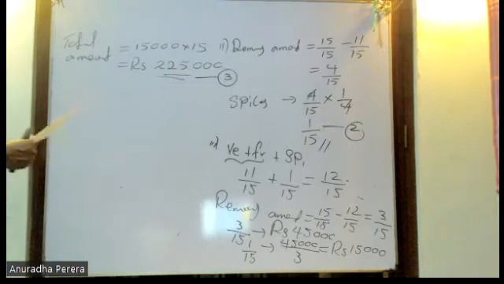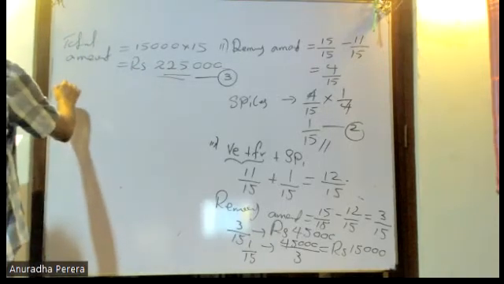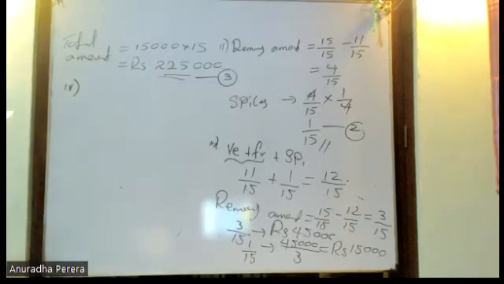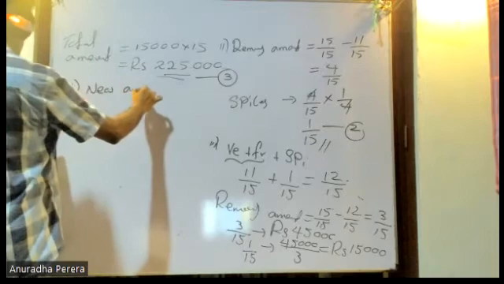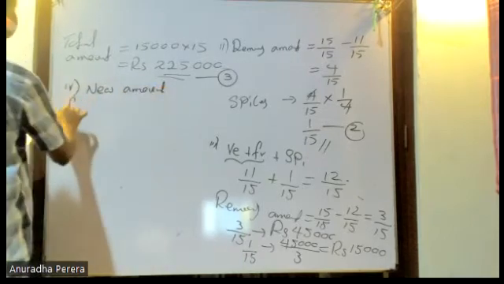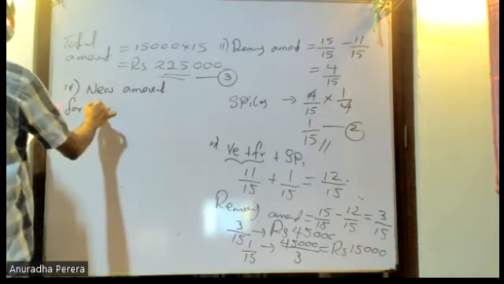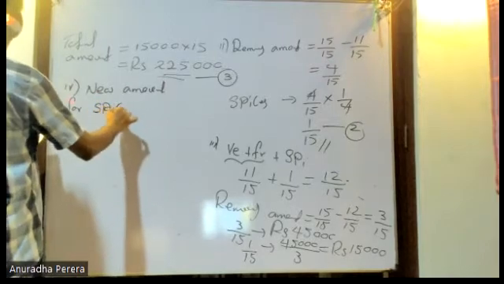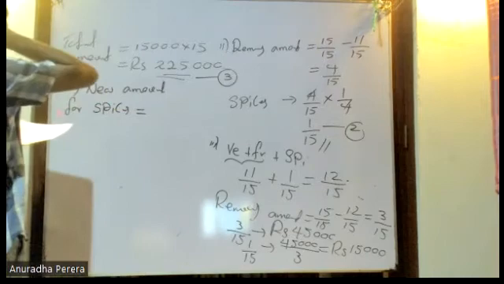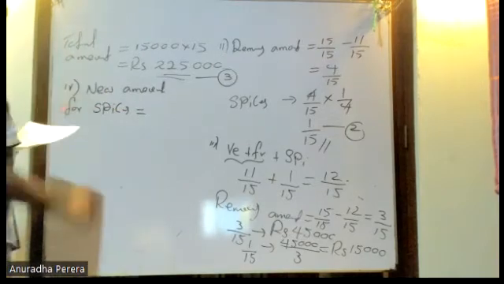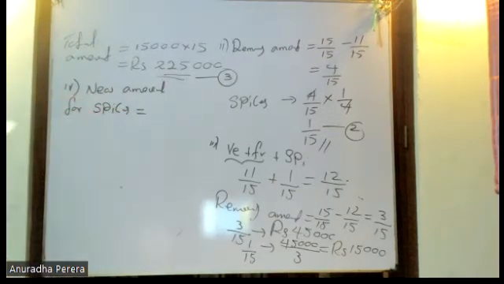Then we can determine the new amount for spices: 2/5 of the amount for fruits.